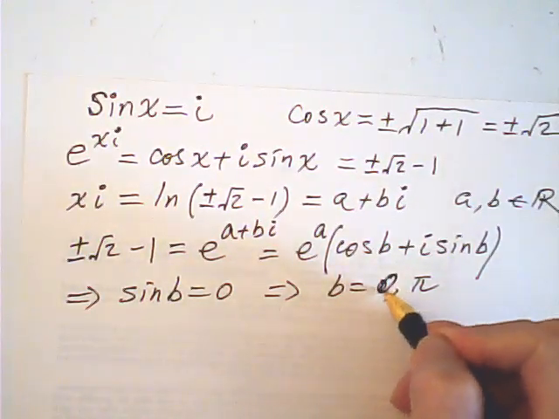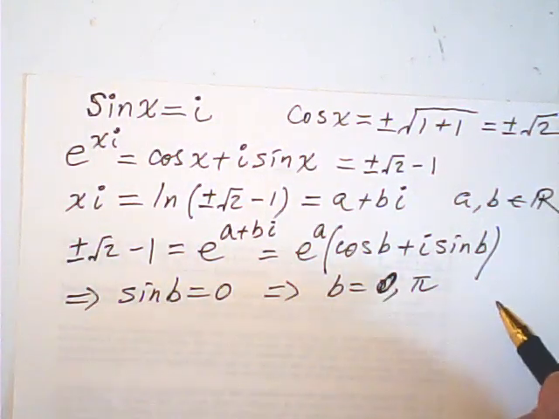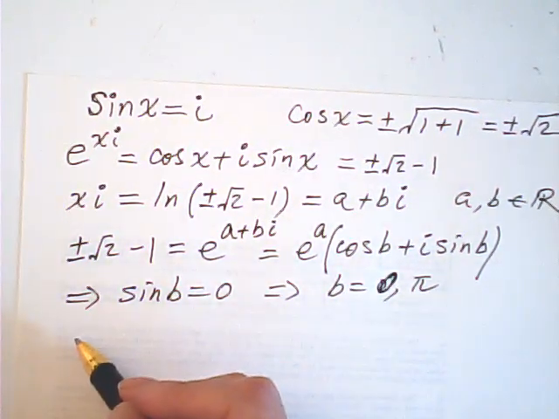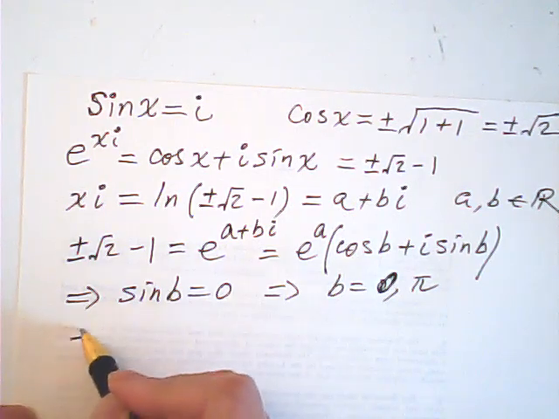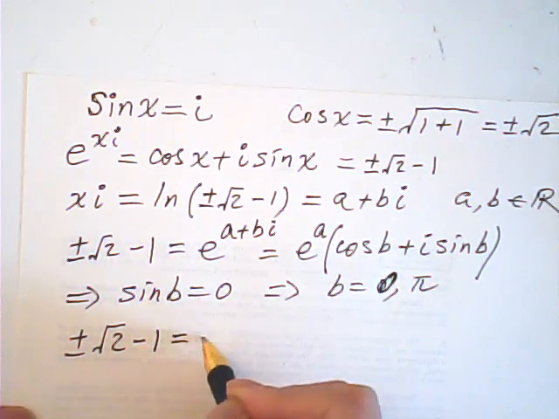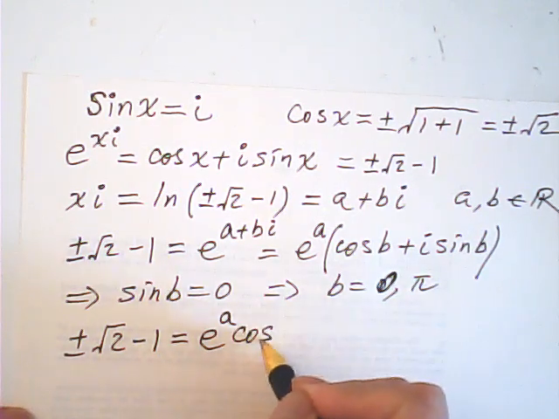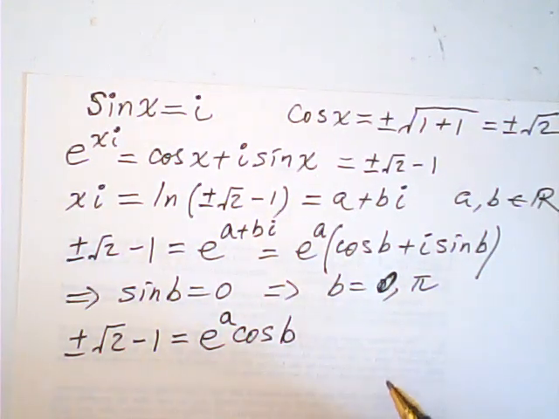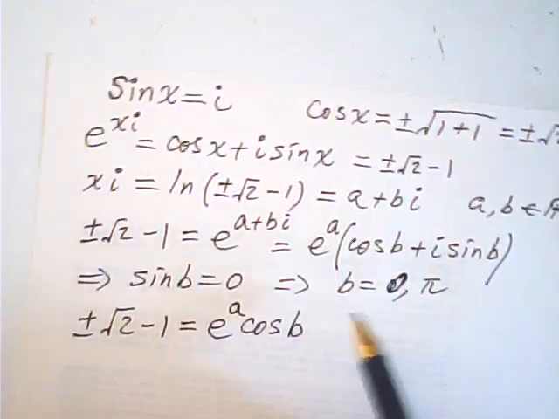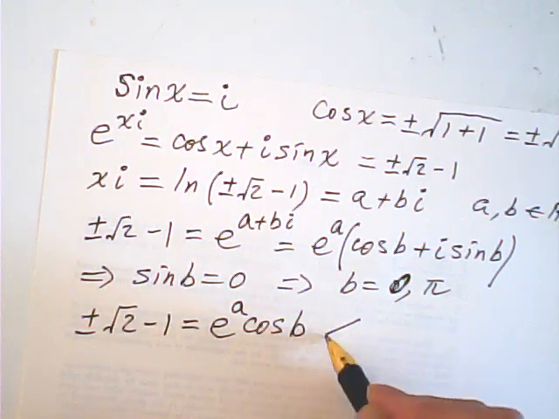We discuss the case separately, which means that plus or minus root 2 minus 1 is equal to e to the power of a times cosine b. Right? Then this one has two cases.